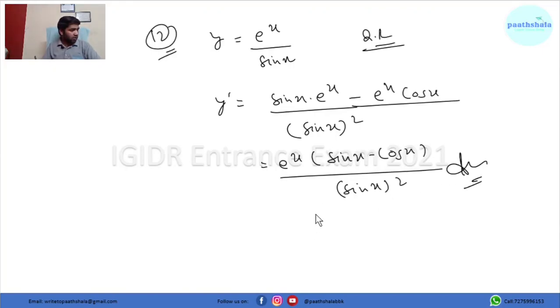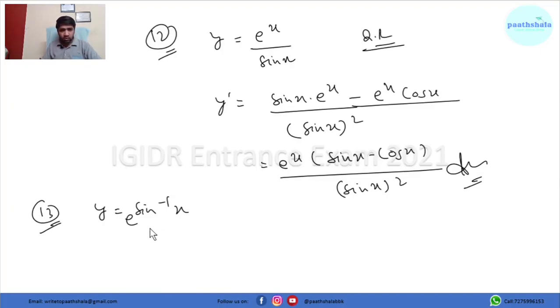Now let's take another example, that is example number 13. So y equals e to the power sin inverse x. Though I have already shared all the formulas related to inverse functions, here I'm taking a single example of an inverse function. The rest of the examples will be shared in the next series of this video.